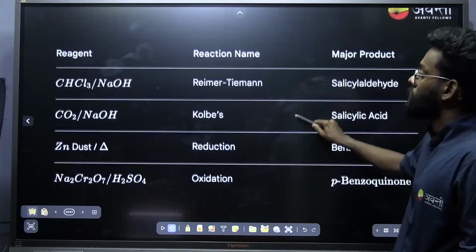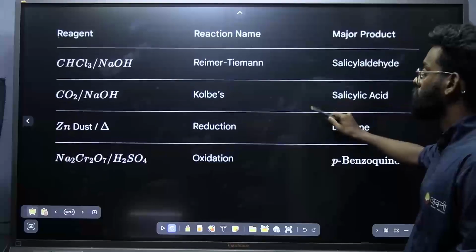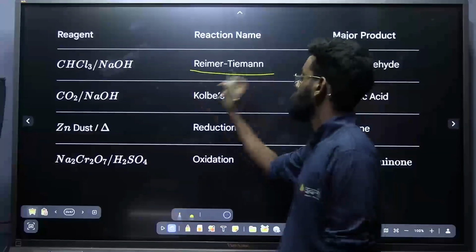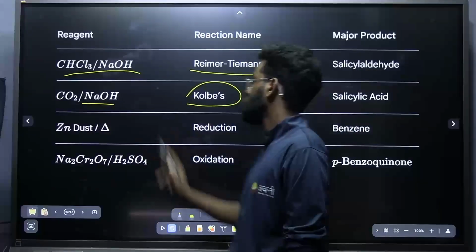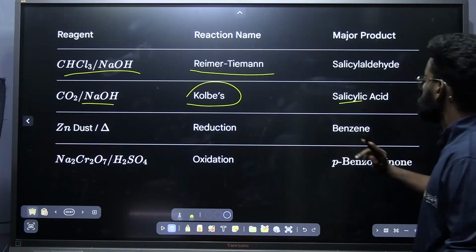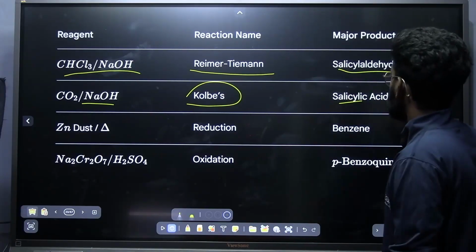So these are the important reactions we have discussed so far. First one is the Reimer-Tiemann reaction, in which the reagent we have used is CHCl3 and NaOH. Then CO2 with NaOH is the reagent which will give salicylic acid. The Reimer-Tiemann reaction will give salicylaldehyde.